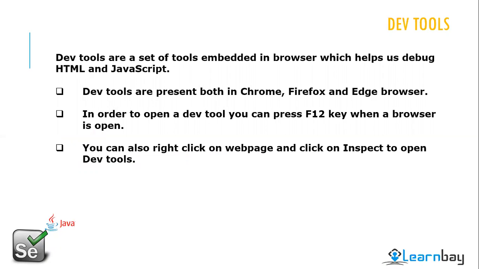And then we have something called dev tools. It is very important for you to understand what a dev tool is, because that will come in handy for many things when you are testing any application.